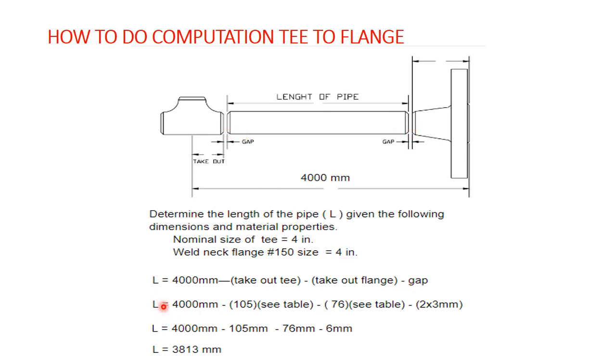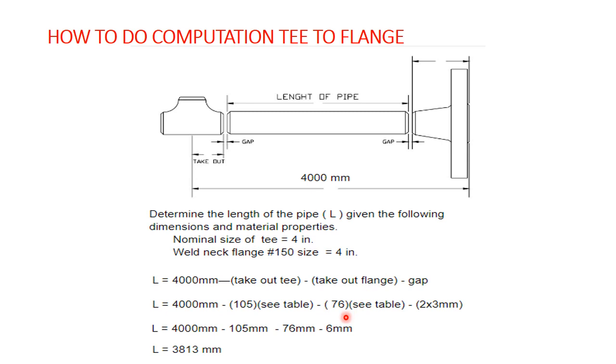So length of the pipe equal to 4000 minus 105. The take out of 4 inch tee, we'll see in the table, that is 105 millimeter, minus 76, take out of flange, that is also given in the table.